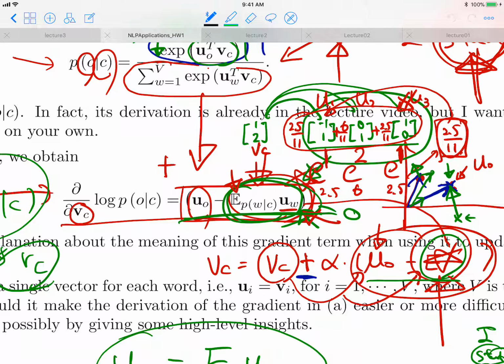So maybe I try to design another problem that asks you to do some backpropagation on your own based on this computation graph or this kind of fully connected layers.